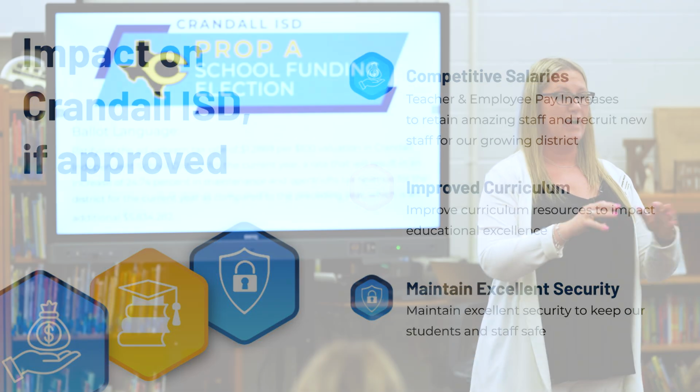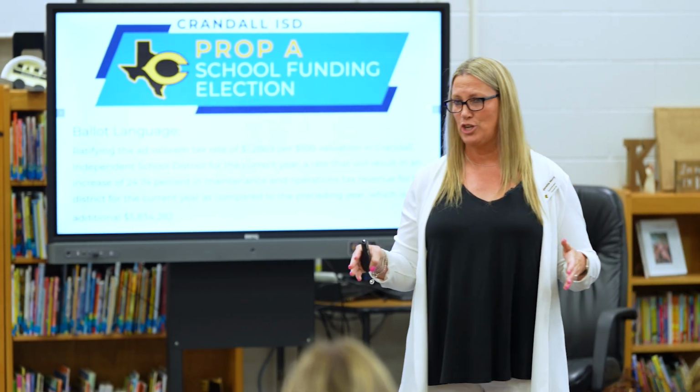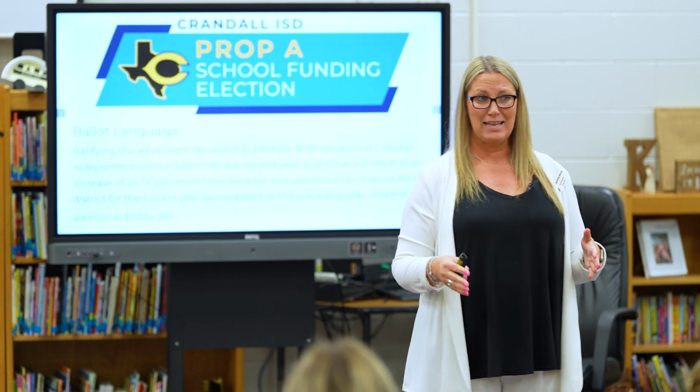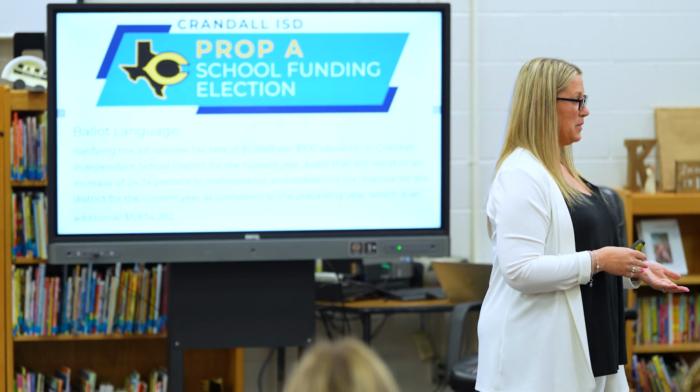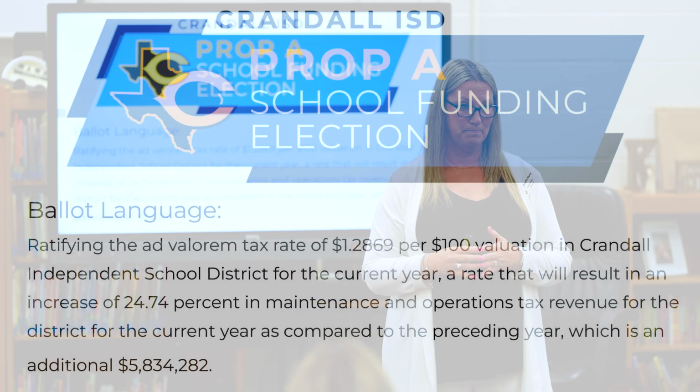The state provides the language that we're going to use for the ballot. I don't get to change it, I don't get to add to it, I don't get to stand outside and explain it. This is what the law says has to go on the ballot.